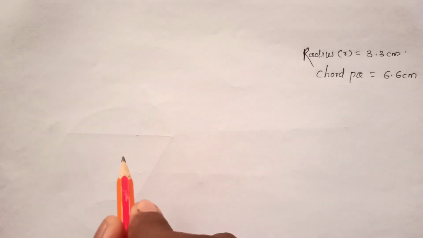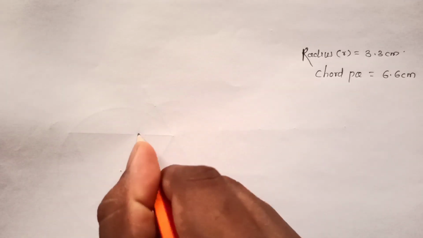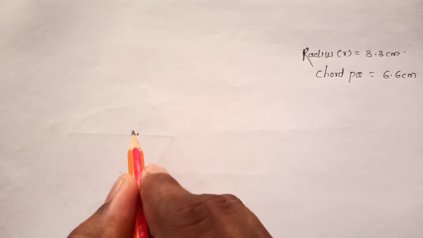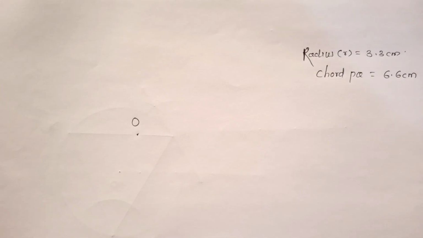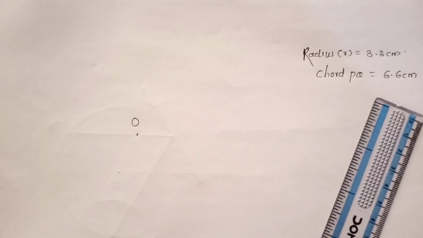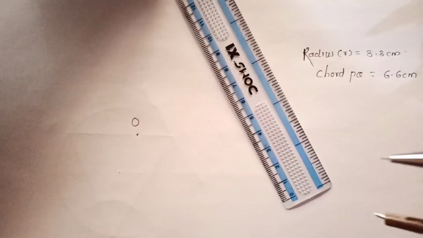So first of all, we will take that radius, and look at this. This is a circle with a center O, suppose. Okay, so this is the circle, the center of the circle. So let's take that 3.3 centimeter in a compass.